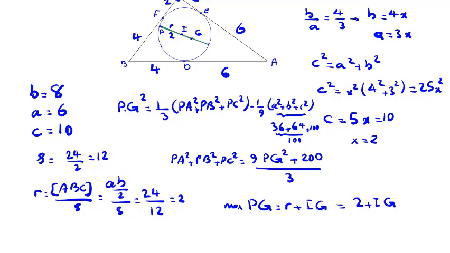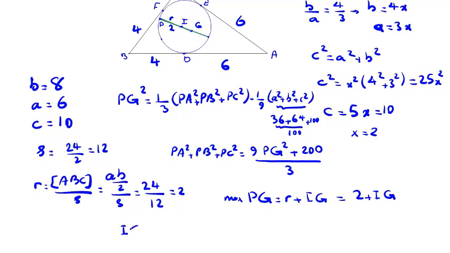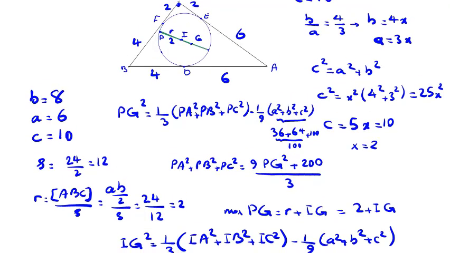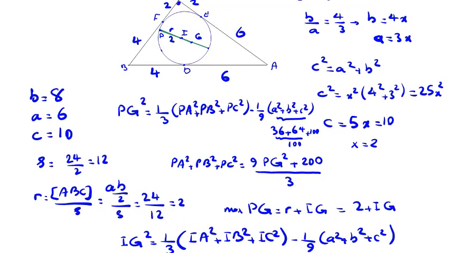Again, as I said, P was an arbitrary point. You can say IG squared equals 1/3 of IA squared plus IB squared plus IC squared minus 1/9 of a squared plus b squared plus c squared. Now, if we find IA squared, IB squared, IC squared, then the problem will be solved.